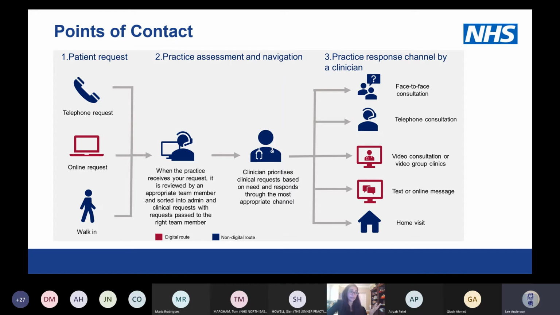And then look critically at avoidable contacts, and then consider a system for tailoring the management of patients that present very frequently. I think the other thing is when you're designing your system, it's really important to have a mechanism to identify patients that would benefit from either episodic continuity or continuity of care and build that in.